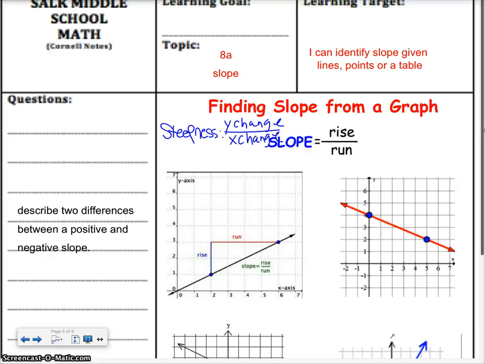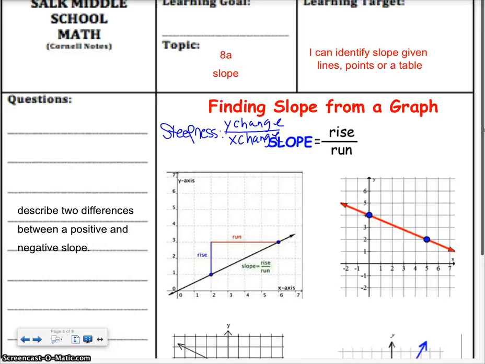That's what slope means: y change to x change. If you're a steep slope, your y changes really fast, and your x always changes constant. You're always going by 1. So y is the dominant factor of slope, because that's representing height and steepness.